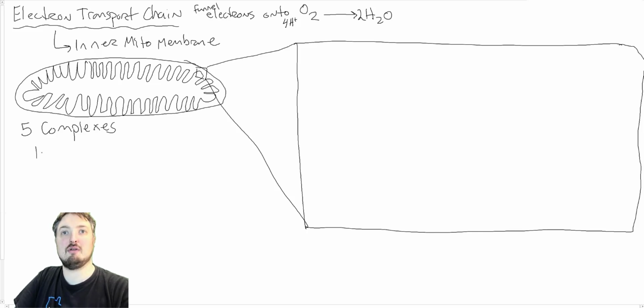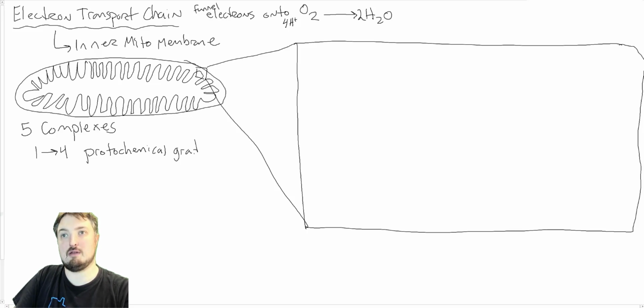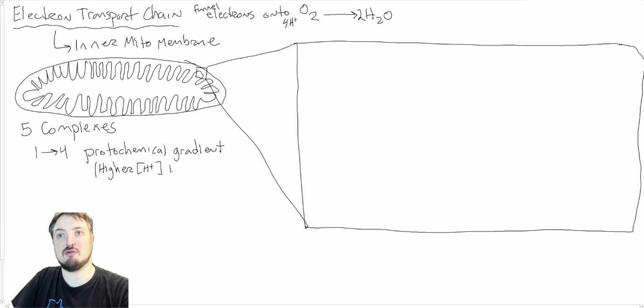Complexes 1 through 4 are used to generate a proton chemical gradient, which is a higher H plus concentration in the intermembrane space. Remember, the intermembrane space is the spot between the inner and outer membranes.